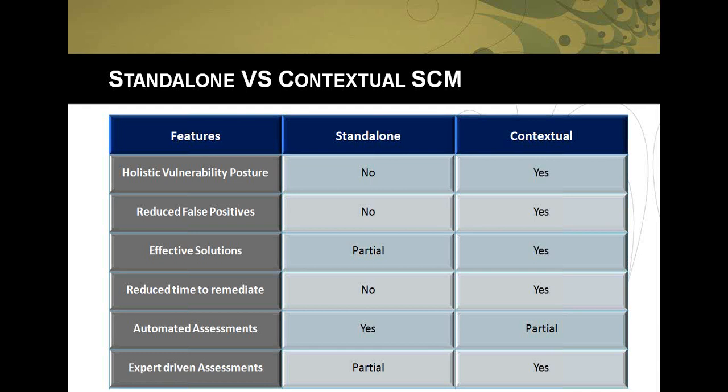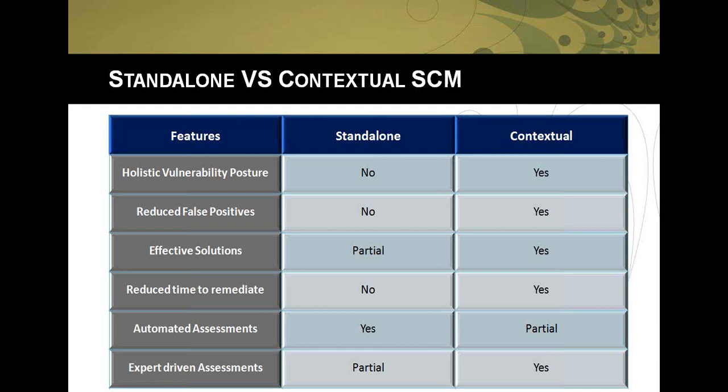So, in case of contextual SCM, an analyst would know this exception and recommend to use non-default and strong community strings. But in case of a standalone assessment, this business requirement may not be known to the analyst. Hence, he will end up recommending implementation of SNMP v3.